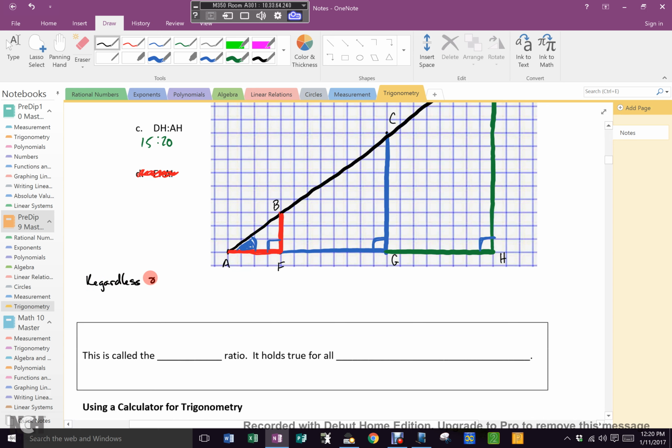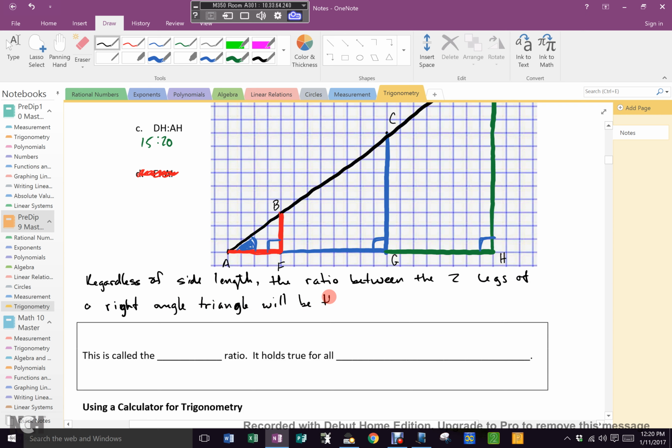Regardless of side length, the ratio between the two legs of a right angle triangle will be the same.